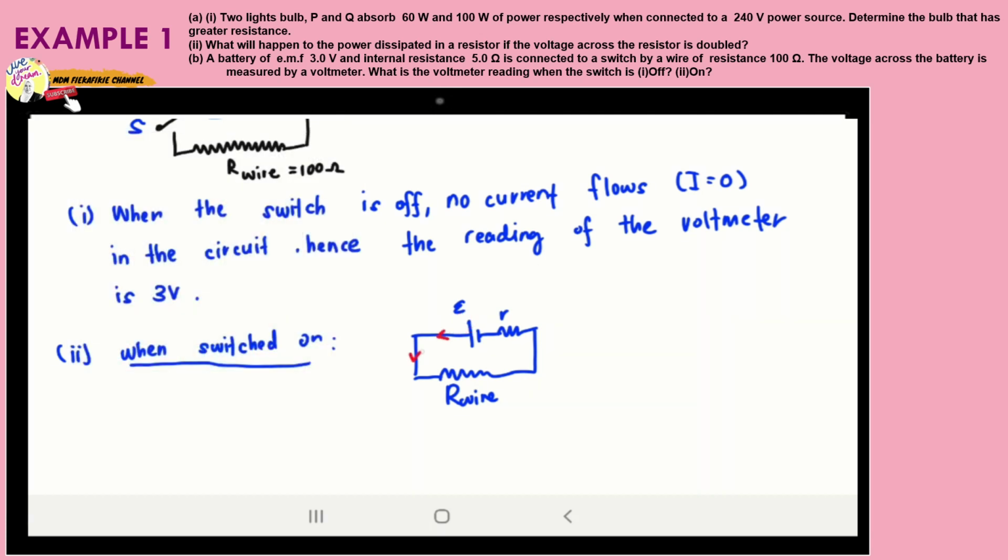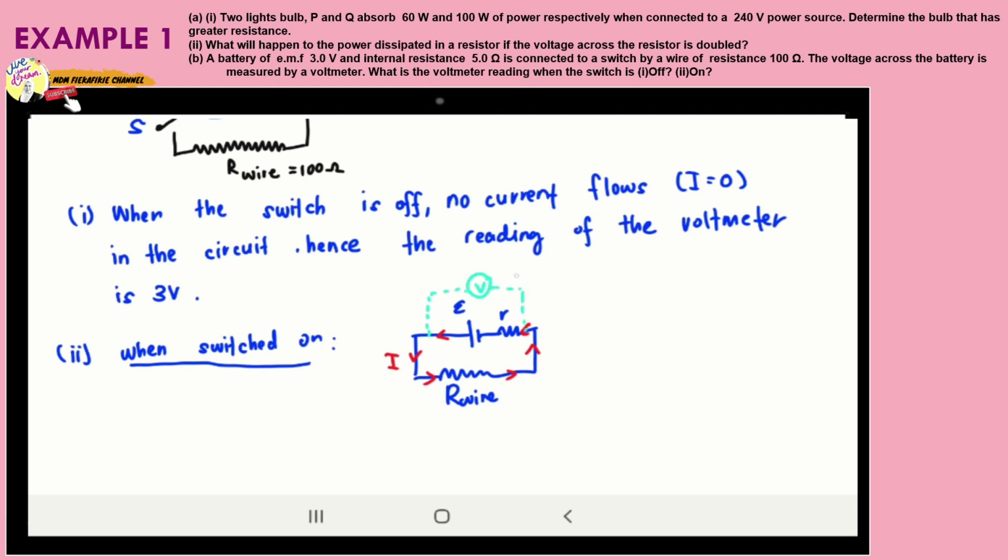There is current flow in the circuit, where the value of current I is the same value of I that passed through the resistance of the wire, R, and also the same value of current that passed through the internal resistance. So we want to calculate what is the reading of the voltmeter here.